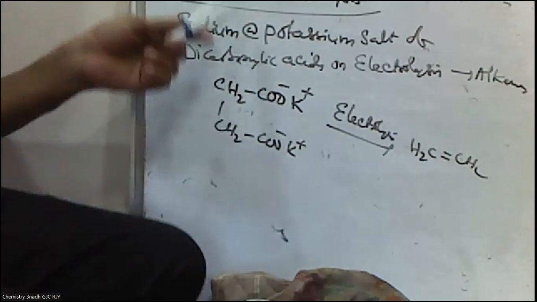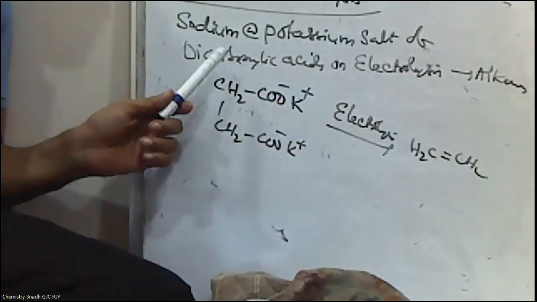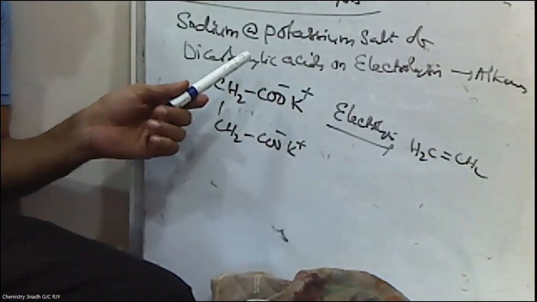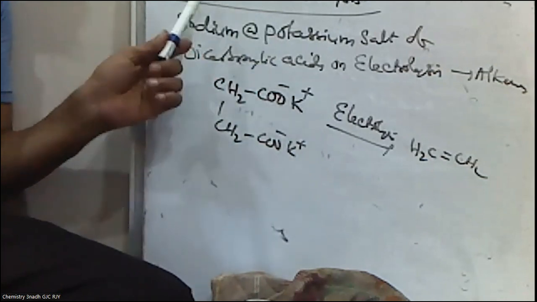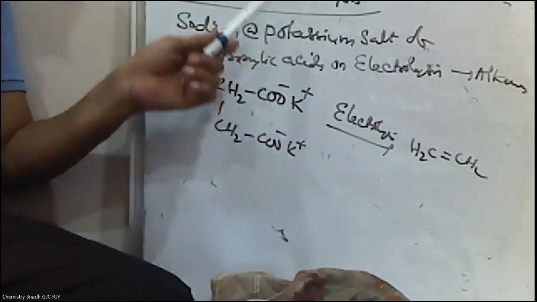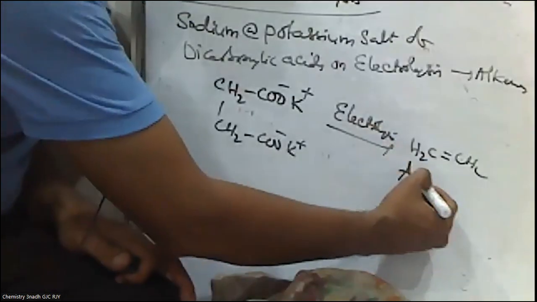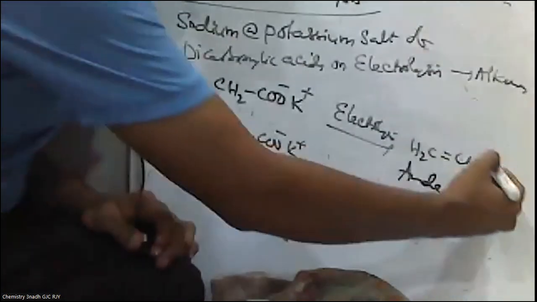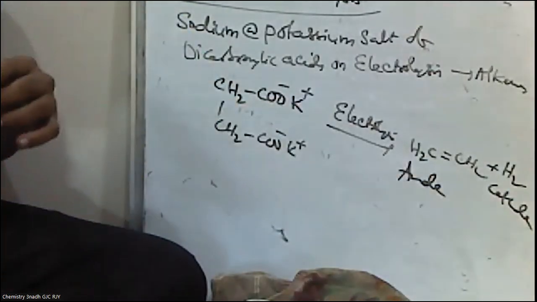This reaction we call Kolbe's electrolysis. The alkene is formed at the anode and hydrogen is liberated at the cathode.